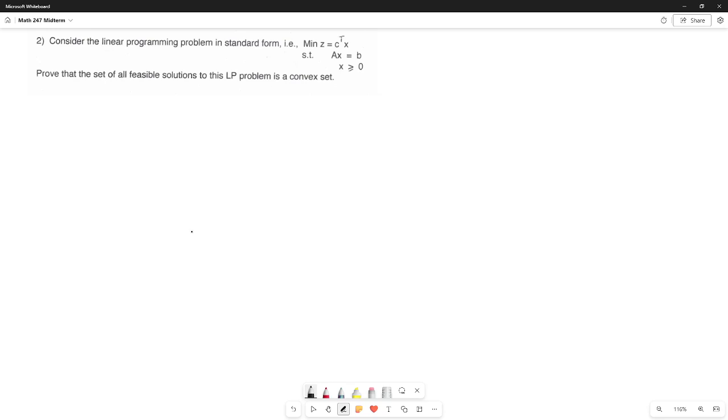So we're given a linear programming problem, and it already is in standard form, i.e., the minimum z is equal to c transpose x, such that Ax is equal to b, and x is greater than or equal to 0. Okay? I want to prove that the set of all feasible solutions to this problem is a convex set.